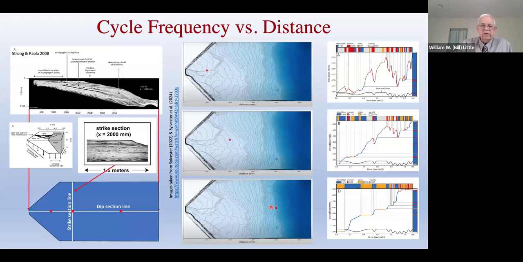You'll notice that each one moving downward is a little bit further out into the basin than the one before. So if you look at this in terms of a cross section, the first dot, second dot, and third dot, up here is a dip cross section through their final deposit. The one below is a strike section.